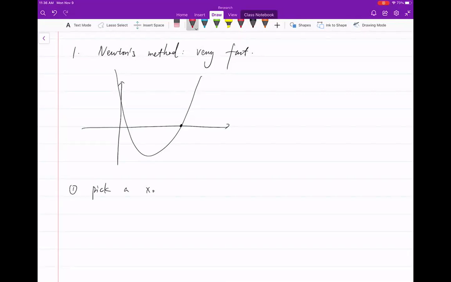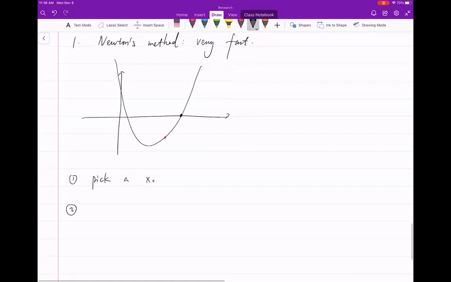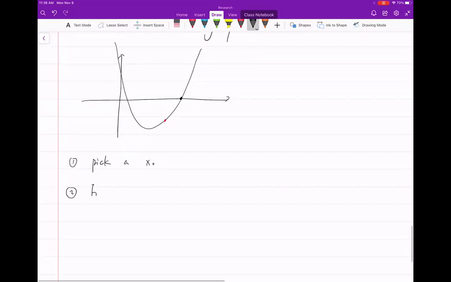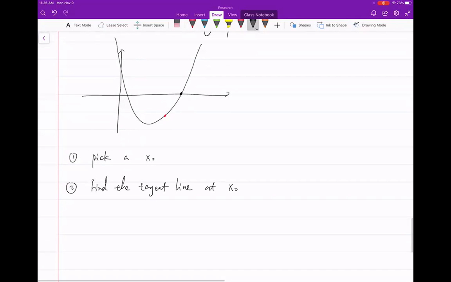I will pick it to be here. Okay. Number two, I will find the tangent line or linearization, whichever way you name it. I call it L(x). Good so far?